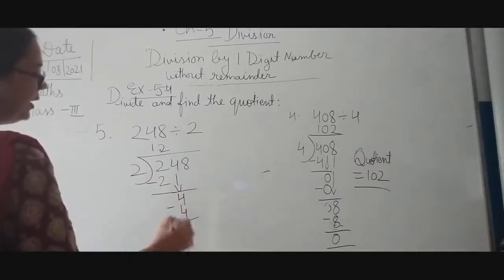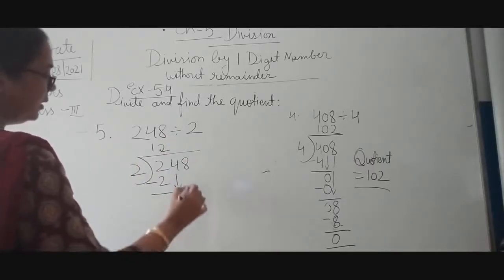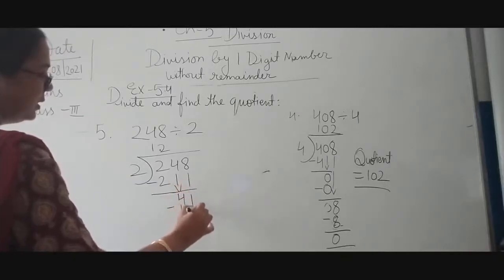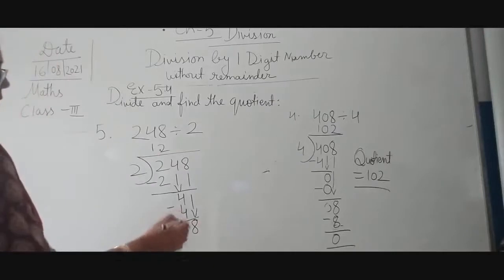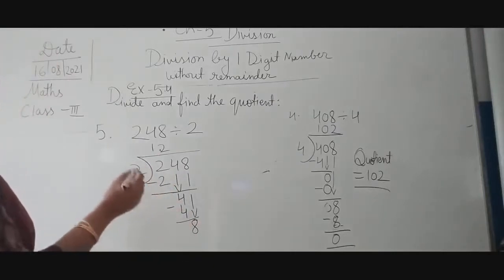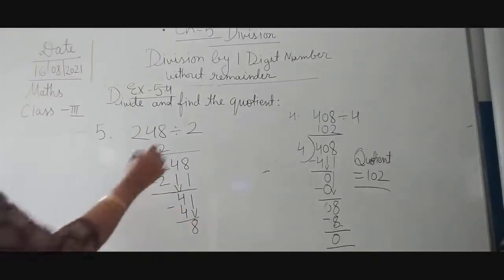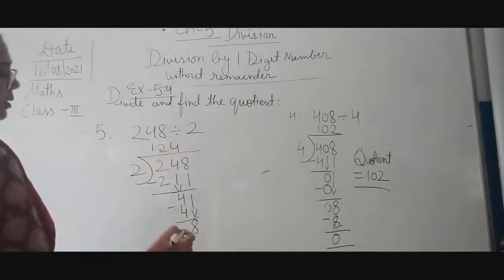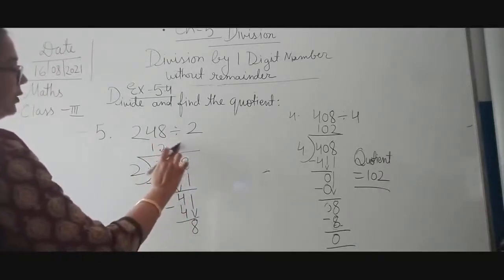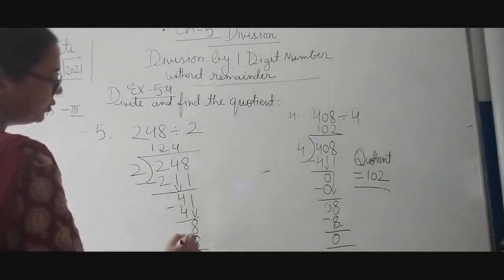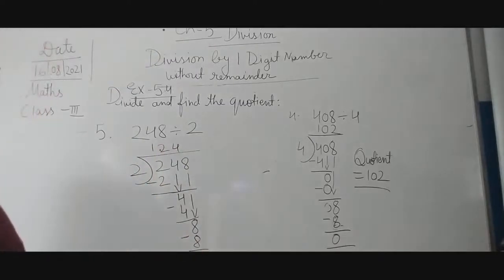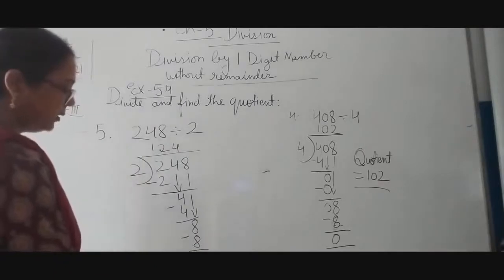When we subtract we will get nothing. Now this will be, okay. Now 2 ones are 2, 2 twos are 4, 2 threes are 6 and 2 fours are 8. So here children, when we subtract we will get nothing.